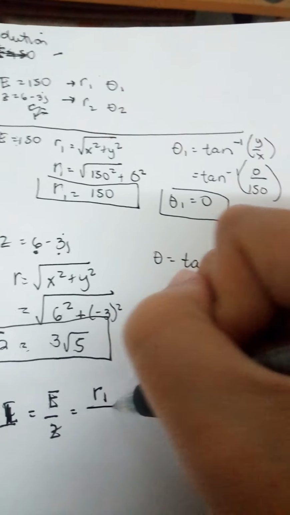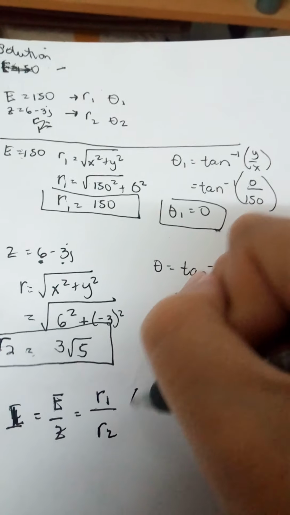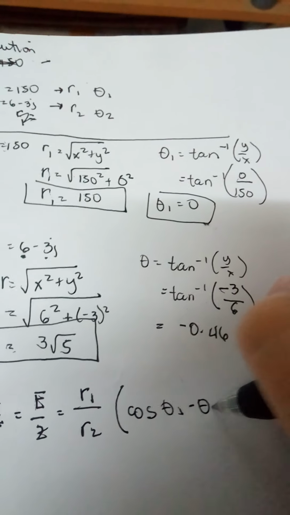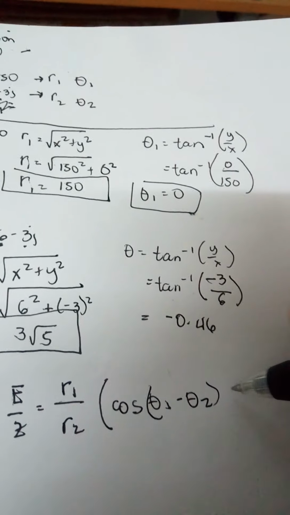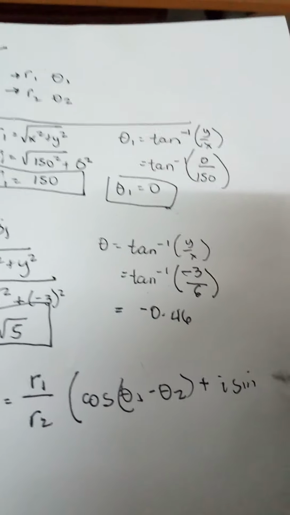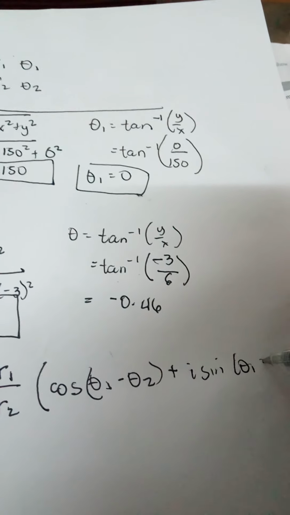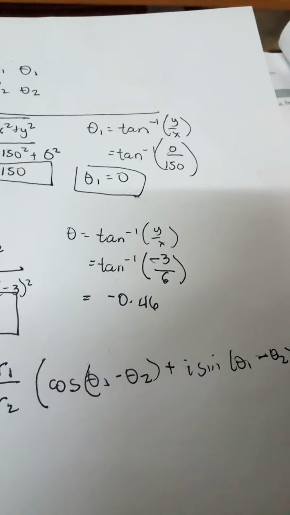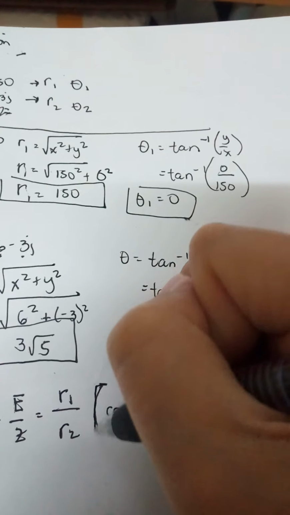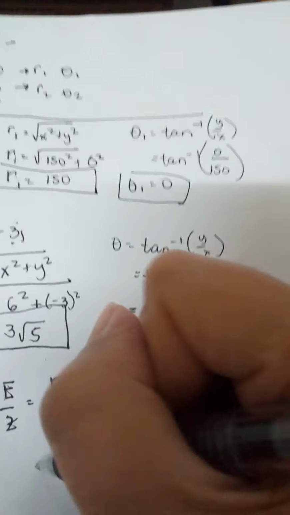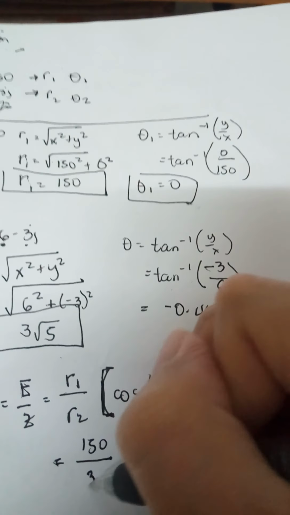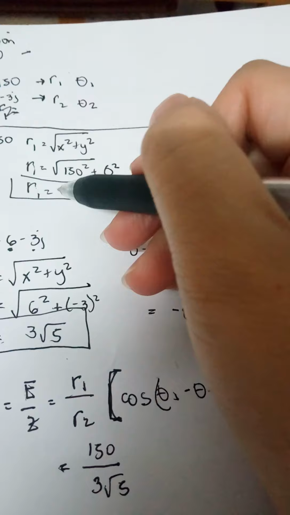So I equals R1 over R2 times the bracket of cosine theta 1 minus theta 2 plus I sine theta 1 minus theta 2. So R1 is 150 over R2, which is 3 the square root of 5.